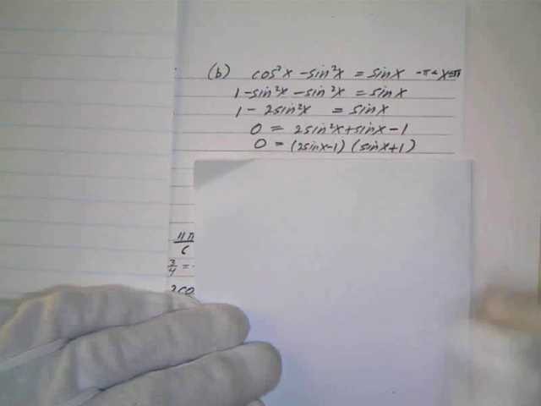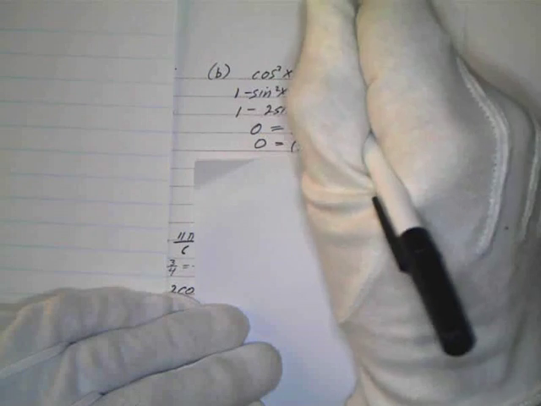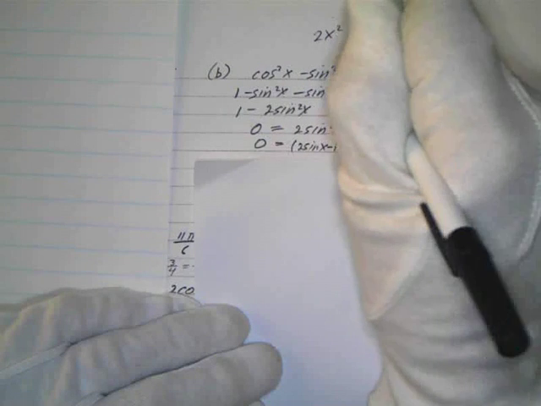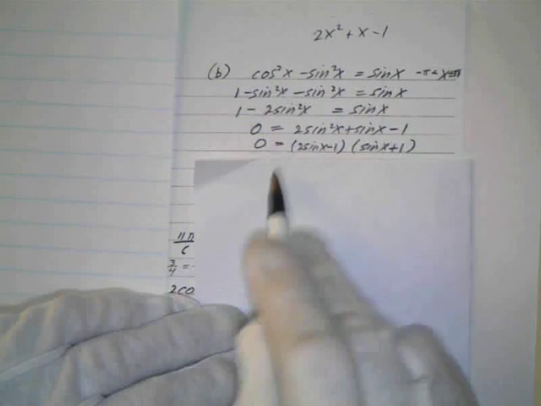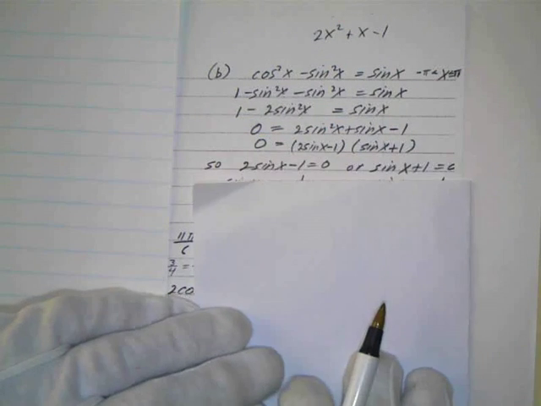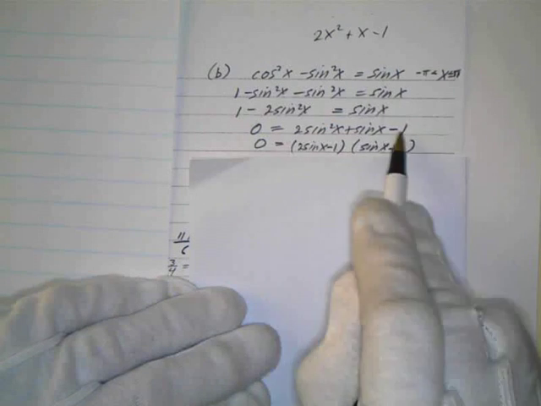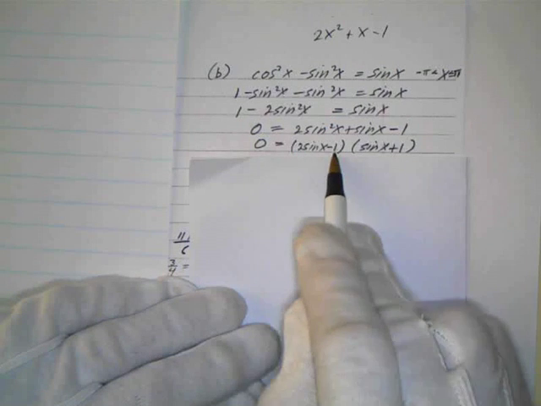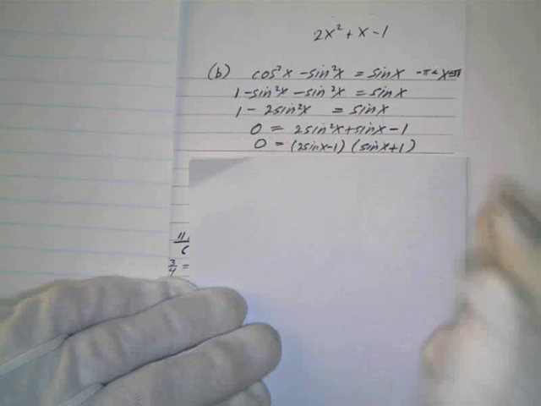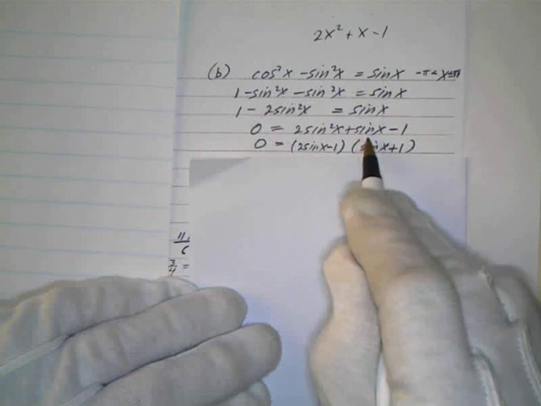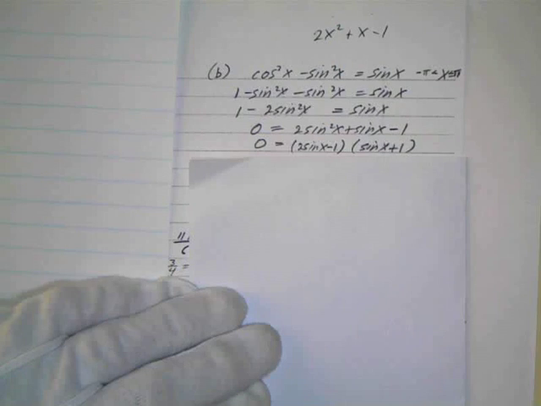So if you want, you could write down 2x squared plus x minus 1, and we would factor this. And this ends up factoring to be 2x minus 1, x plus 1, except in this case, my x is the sine of x. So it's a trinomial in the sine of x.